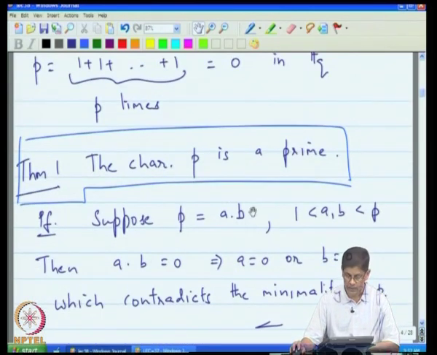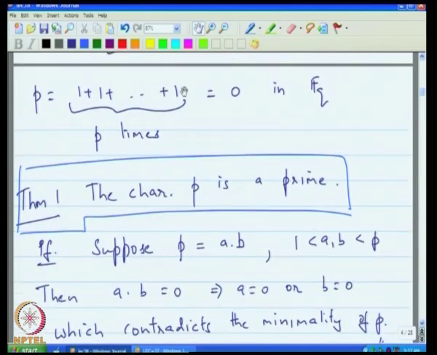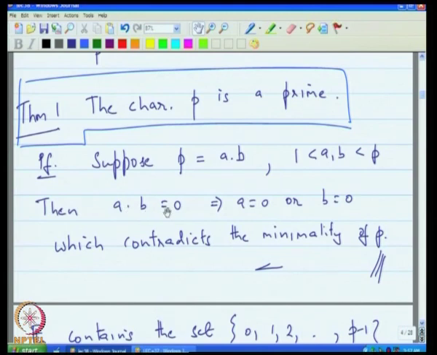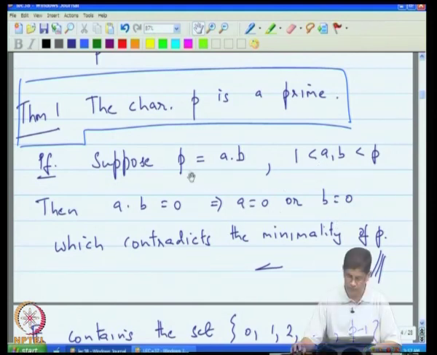That means you took a times b copies of 1 and added them together, and you obtained 0. That is equivalent to saying that a times b is 0. But if a b is 0, then it must be that either a is 0 or b is equal to 0. But then remember that since you factored p into the product of a and b, it must be that both a and b lie between 1 and p.